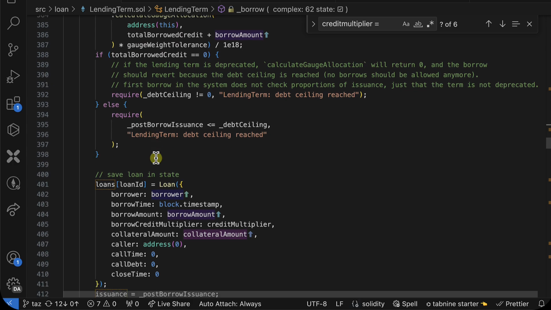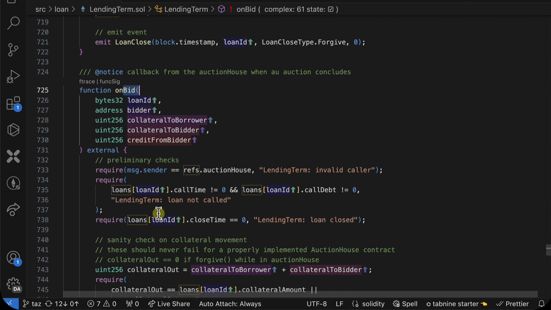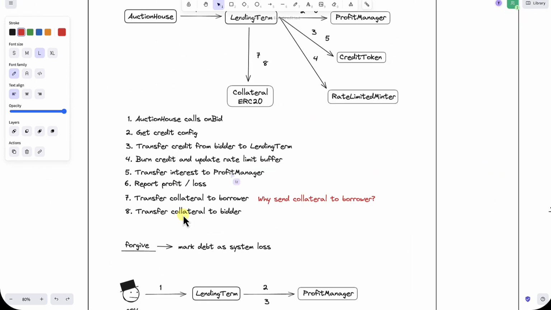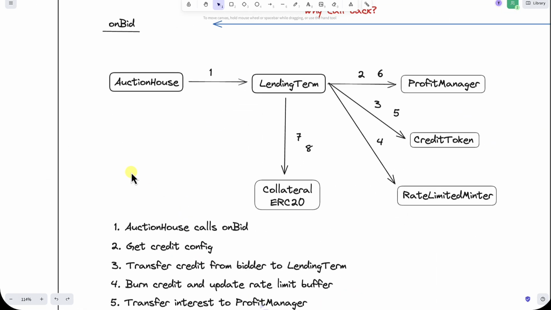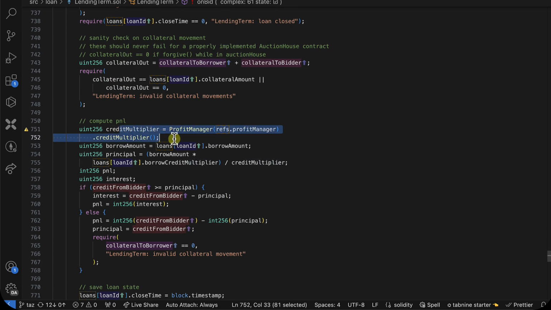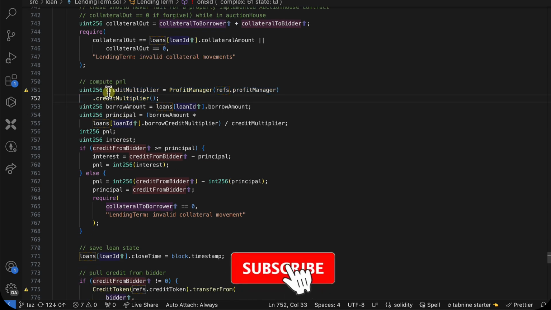And then go back to lending term on bid. If you look inside on bid, I think it's better to look inside the code. It fetches the new credit multiplier.